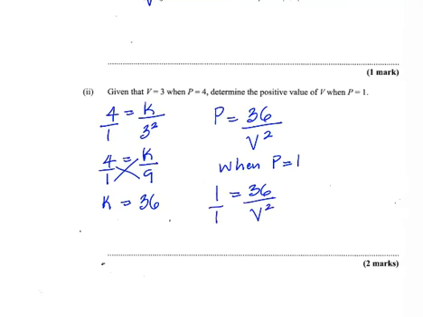If I have one fraction equal to one fraction, I should cross multiply. So therefore I'm going to have V squared is equal to 36. The opposite of square is square root, so V is equal to the square root of 36. V is equal to 6. Alright, so this question is a question on variation.